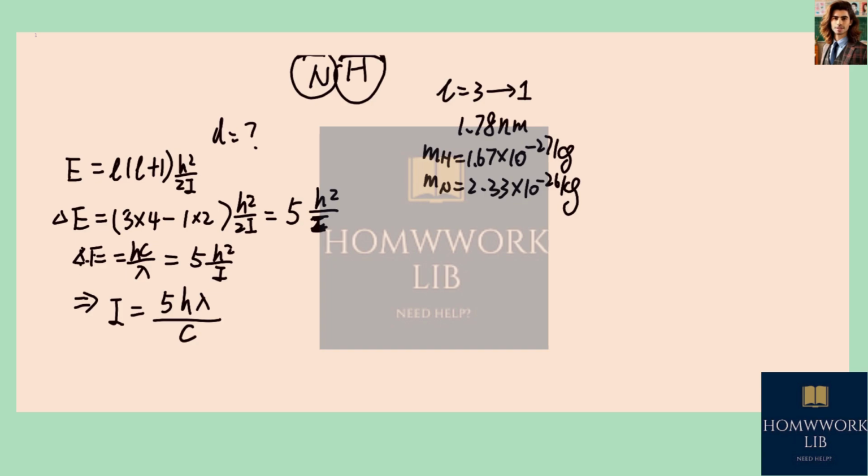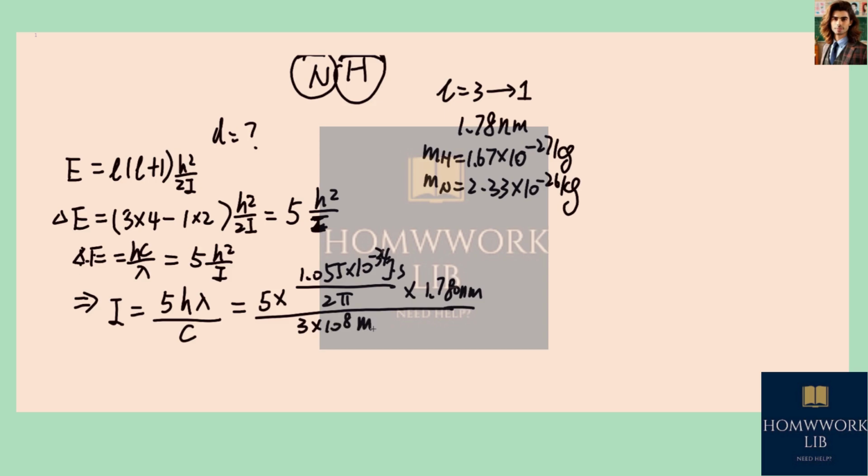If we calculate this, in the book it's more often that we use h bar instead of h. So we can also use 5 times h bar, which is 1.055 times 10 to the negative 34 joule second, over 2 pi times 1.780 nanometer. c is 3 times 10 to the 8 meter per second.